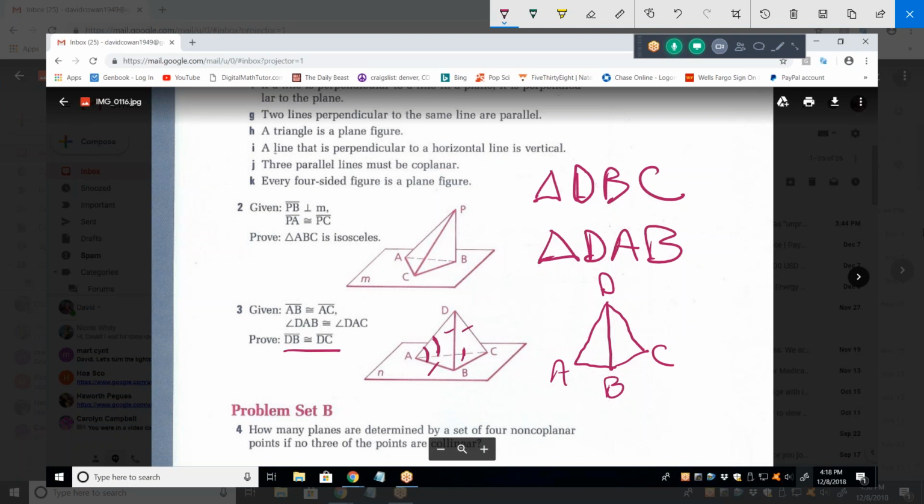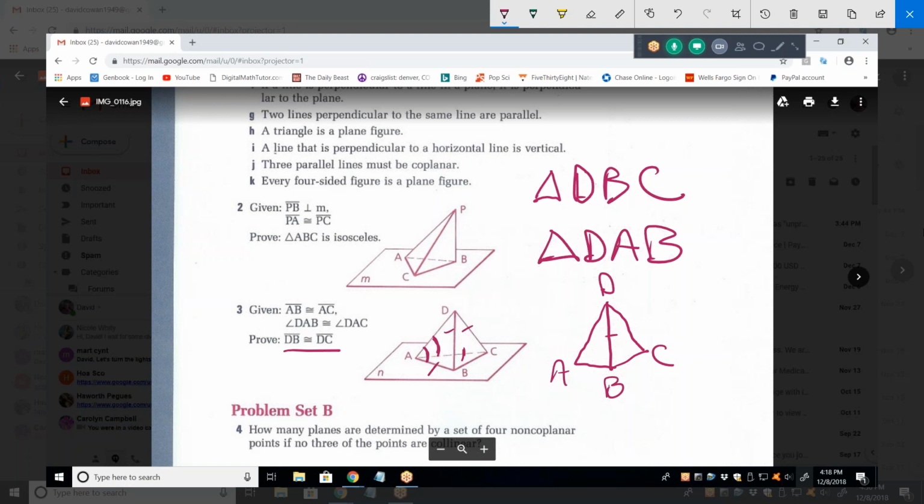Okay, I know that's equal to itself, so we know one of the sides. We need to find more. All the information they've given us is about triangle DAC, which is this back triangle that we can't really see.